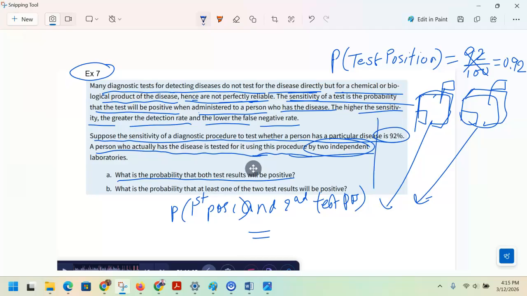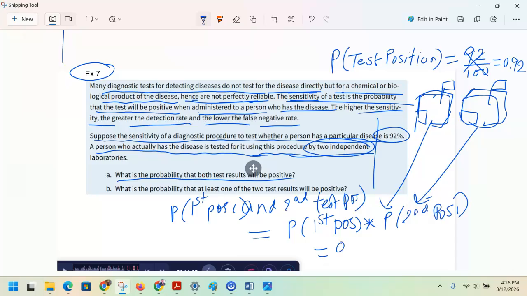we can write it out. The first one positive is given as 0.92, times the second one, 0.92.